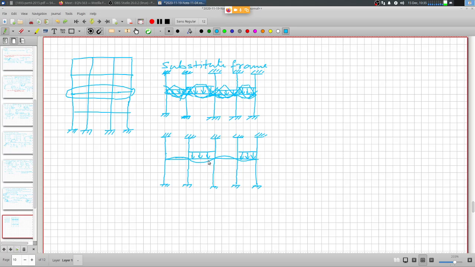But this kind of alternate span loading is not to be used for earthquake purposes. Now this is how the substitute frame method is normally used for gravity load. If you have to do a hand calculation, then substitute frame is a very convenient tool for quickly estimating the forces and working out the design forces.